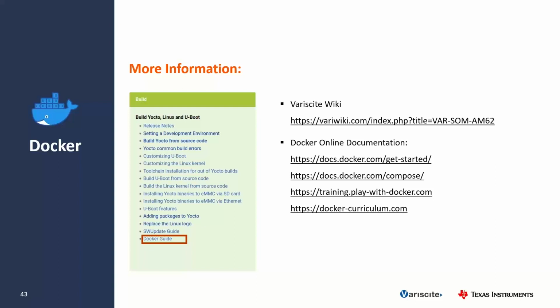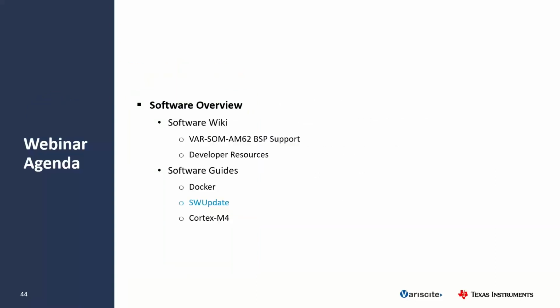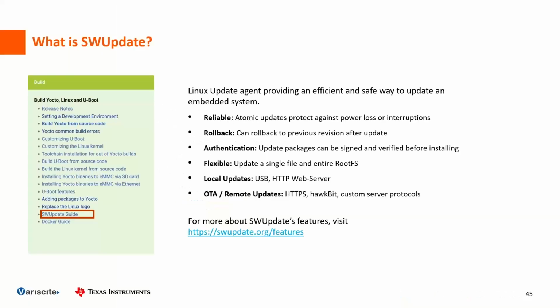Now let's move from Docker to software update. Software update is another very important framework that allows the customer to manage the upgrade of the system. Software update has been designed by one of the developers of DANX, the U-boot maintainer, and has been designed to be reliable and avoid any problem in case of power loss during the updates. It allows a rollback. So if for any reason you made an update and you don't like it, you can go back easily.